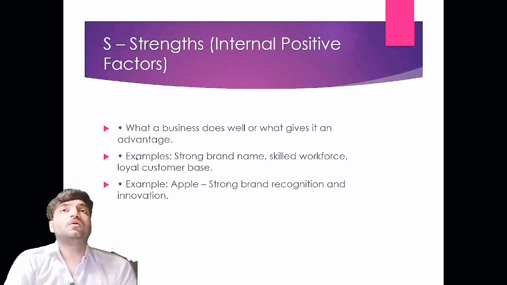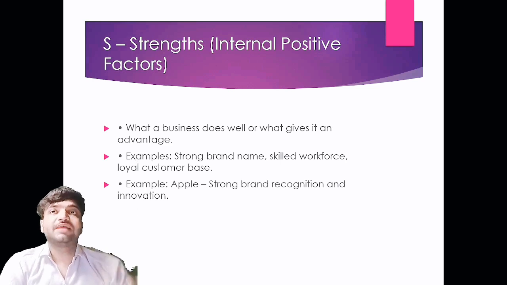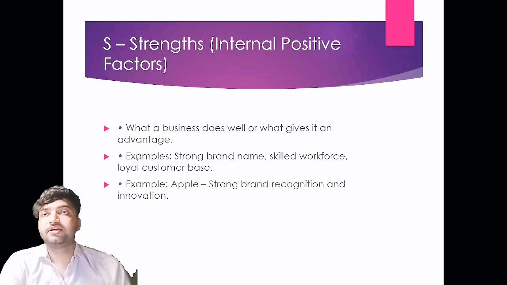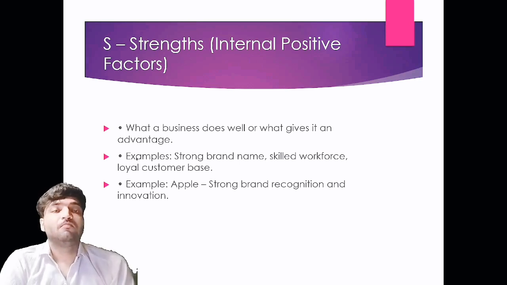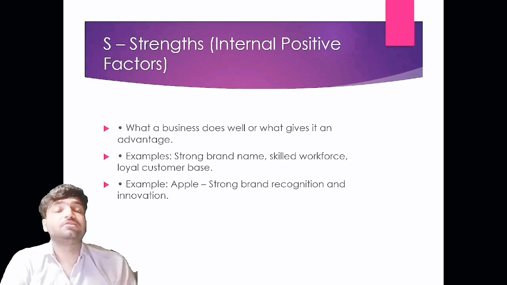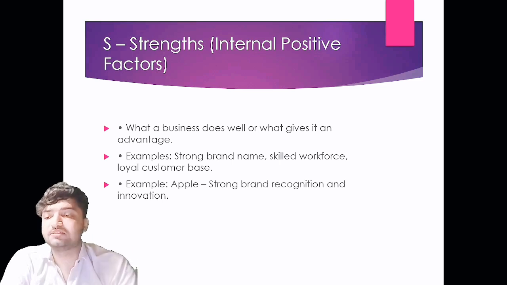This innovation which Apple does, the research and development team of Apple, how they do their research and create good innovations in the mobile industry. As we all know, they create the iPhone. So this all contributes to the strengths of the organization.